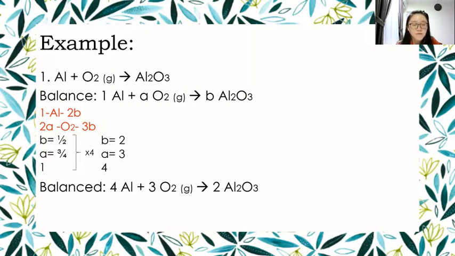So B times 4 turns into B equal to 2. A times 4 is equal to 3, and 1 times 4 is equal to 4. So it will be written in a balanced form as 4 moles of aluminium when it reacts with 3 moles of oxygen gas yields 2 moles of aluminium oxide.